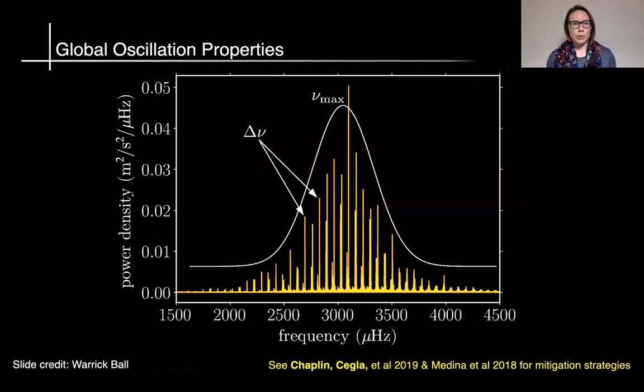So what do we learn from astroseismology? That could be an entire talk in and of itself, but I just want to mention two things that are key to astroseismology. If we look at this power spectrum here, using this solar example, the two things we're looking at are the large frequency separation, shown here as delta nu, as well as nu max, which is the maximum peak of the frequencies here.